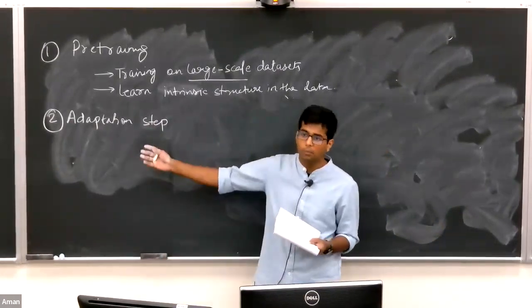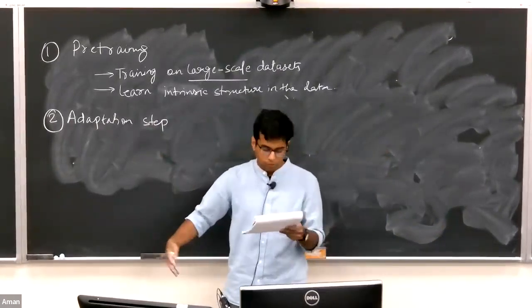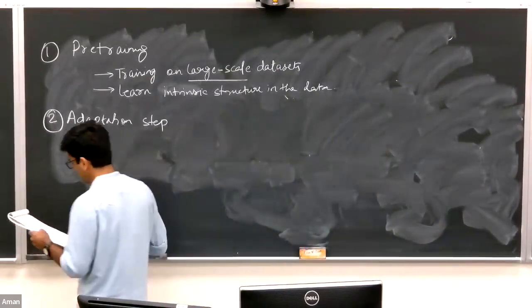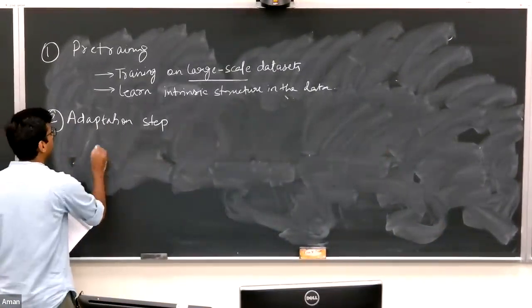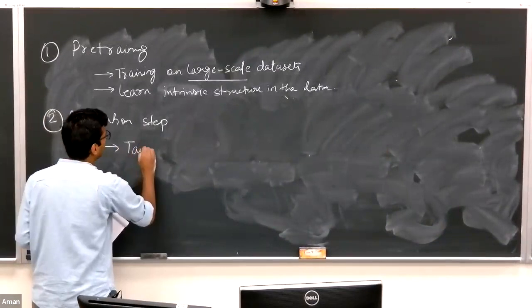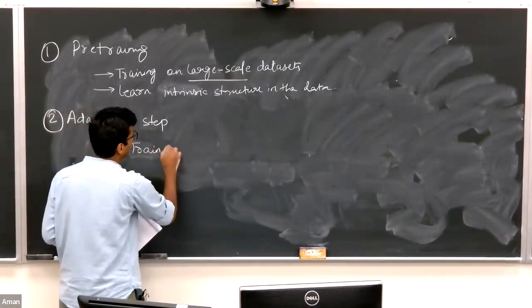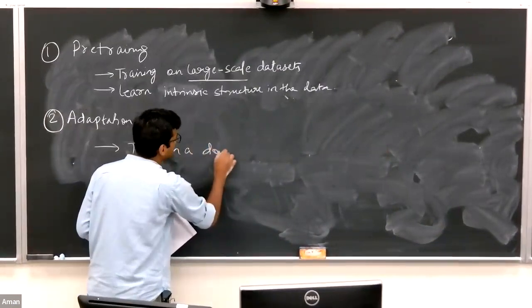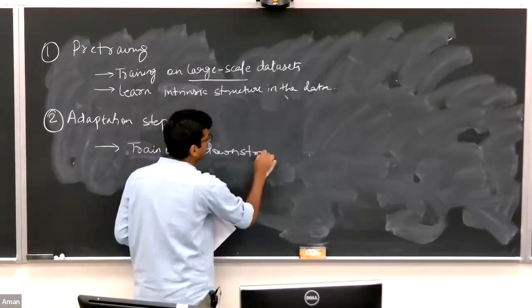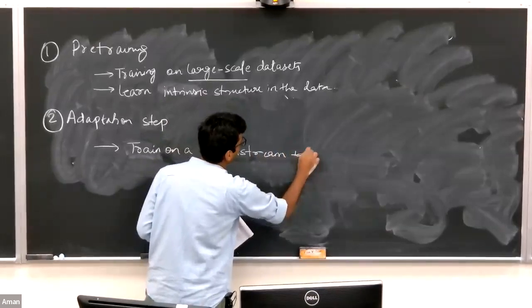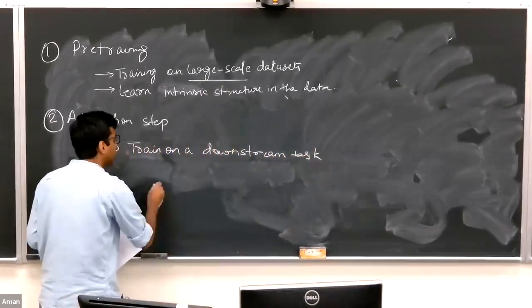Fine tune is one type of adaptation, but you adapt this model to downstream tasks using labeled data sets. So you train on a downstream task using a labeled data set, right?